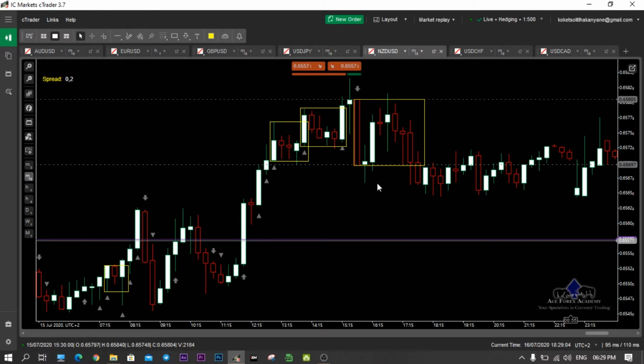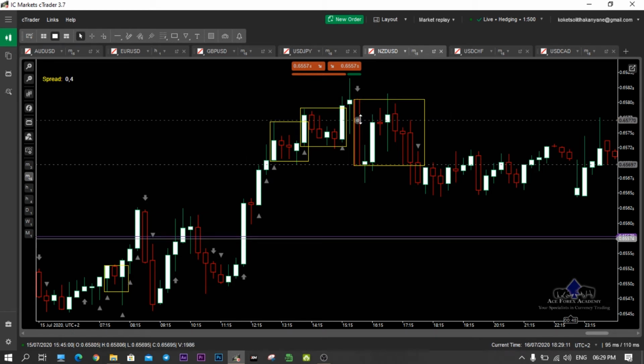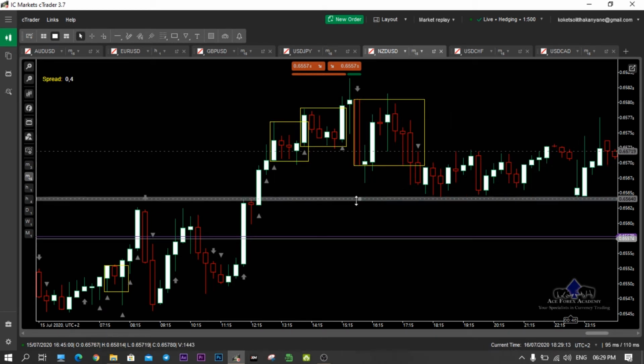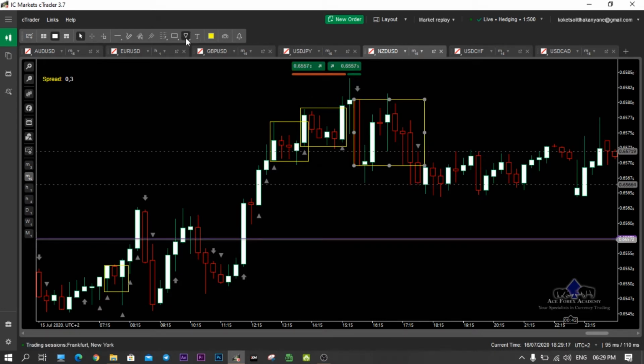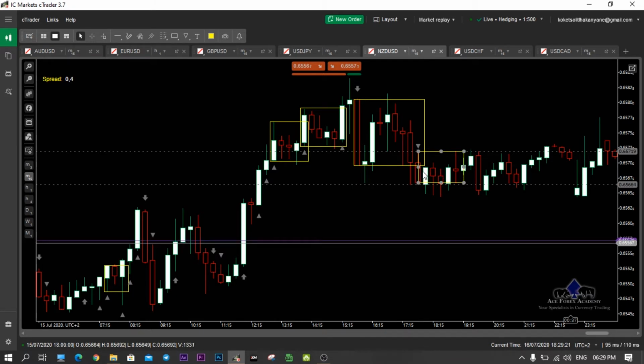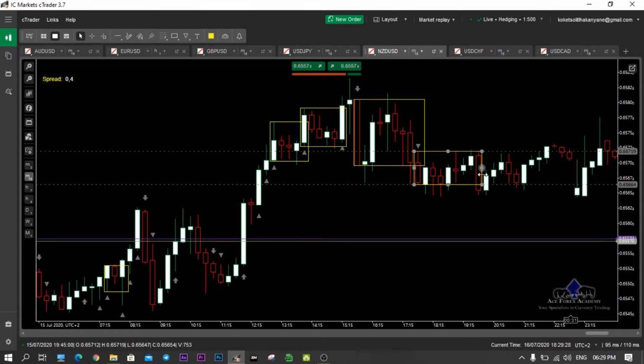Then had a breakout to the downside with the formation of our lower high and our lower low. More consolidation over here. Let's mark that out, before the breakout to the downside continued.